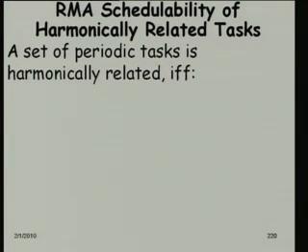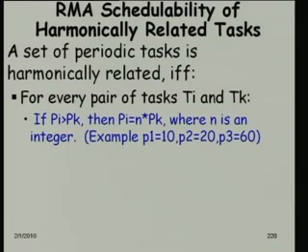We call a set of periodic tasks harmonically related if for every pair of tasks Ti and Tk, as long as the period of the task Ti is greater than Pk, then Pi is an integral multiple of Pk.